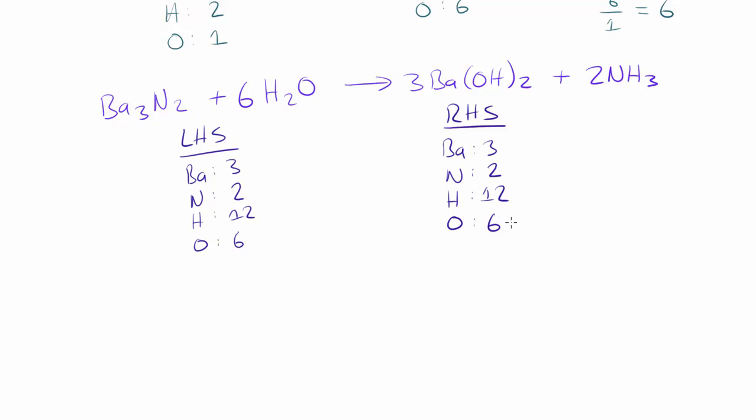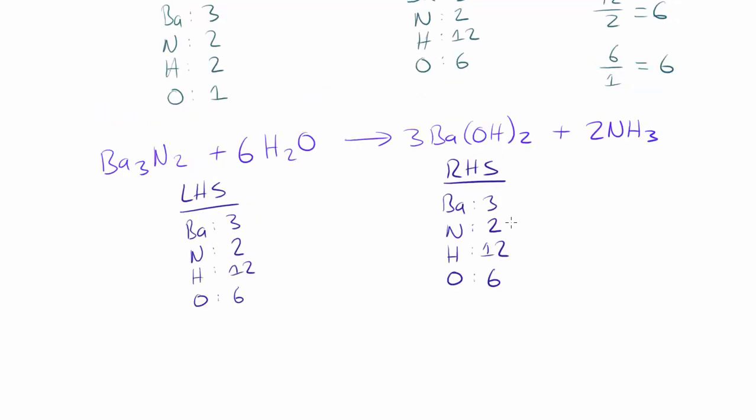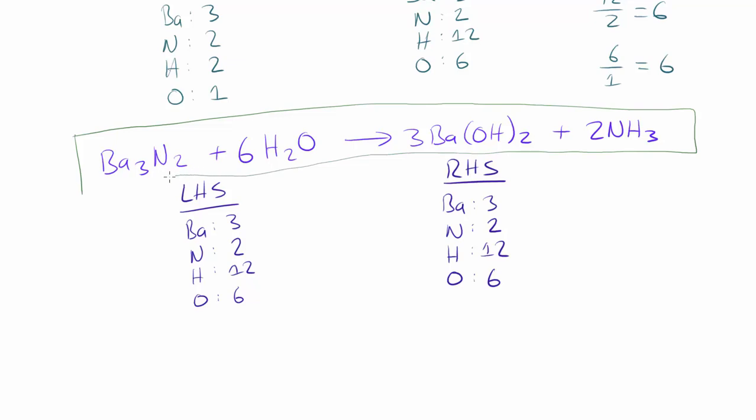Effectively, all of the elements are balanced when we compare the left-hand side to the right-hand side, right? So it's balanced, and because of that, we can say that what we've got here is in effect our balanced equation. And as the question specified, we need whole numbers in the final formula to make it balanced, which is exactly what we've done, right?